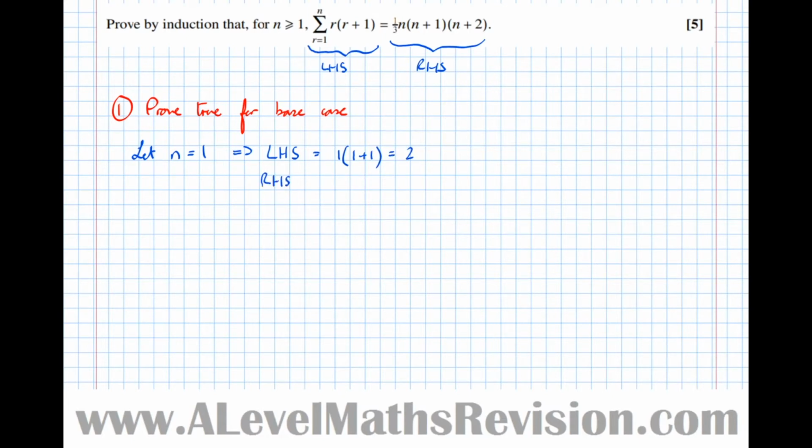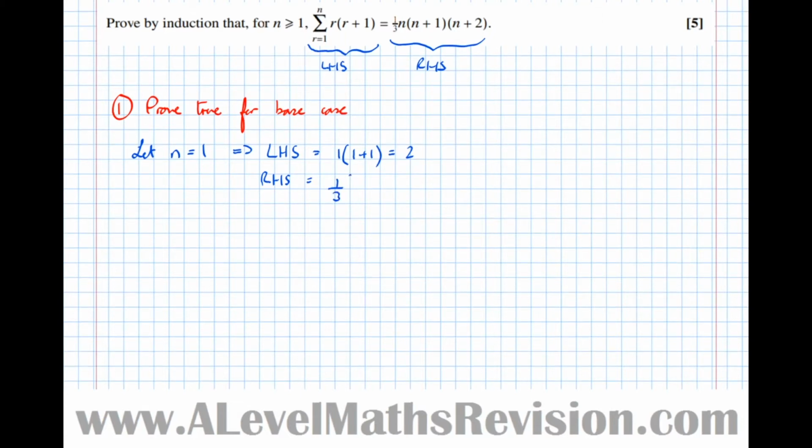The right hand side equals a third of 1 plus 1, 1 plus 2, which is a third times 2 times 3, which equals 2. So the left hand side equals the right hand side, therefore true for n equals 1.